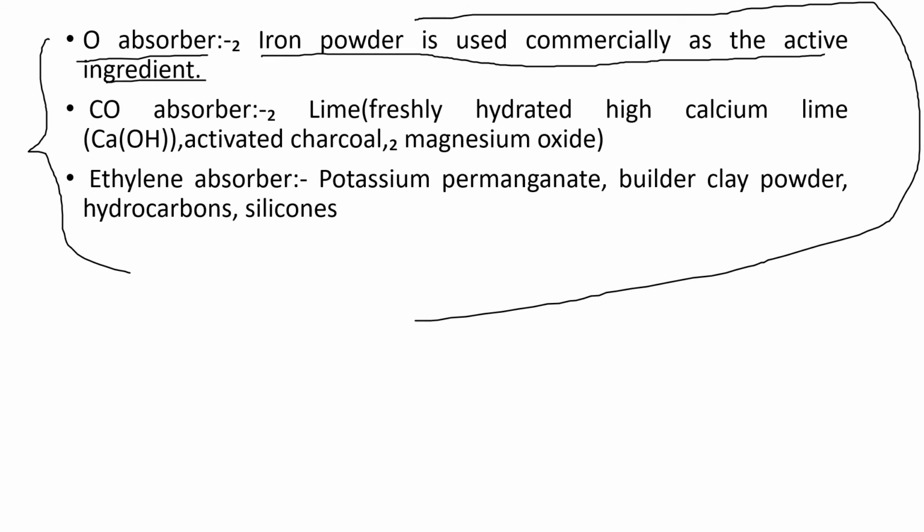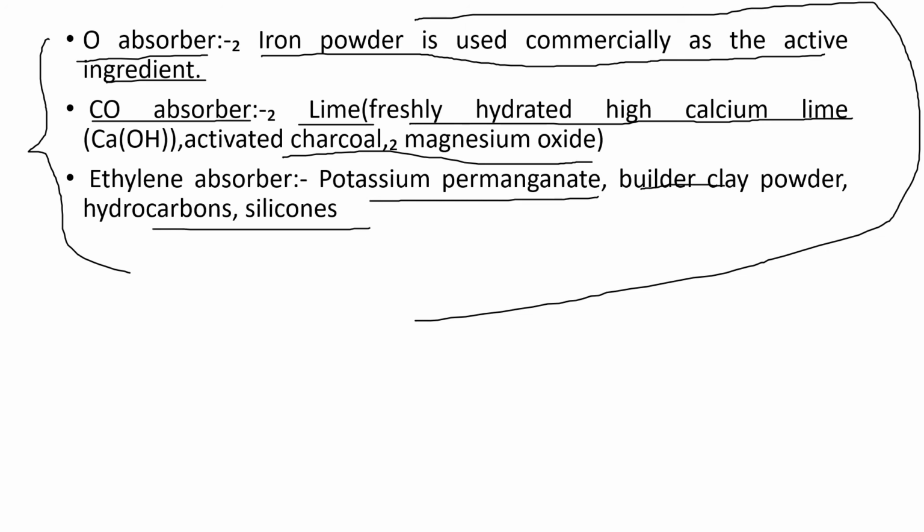Also we have carbon dioxide absorbers, which are lime or freshly hydrated high calcium lime, activated charcoal, and magnesium oxide. And we have ethylene absorbers as well. Ethylene absorbers can be potassium permanganate, builder clay powder, hydrocarbon and silicons. So these are certain MAP based absorbers, and it varies with different types of gases.